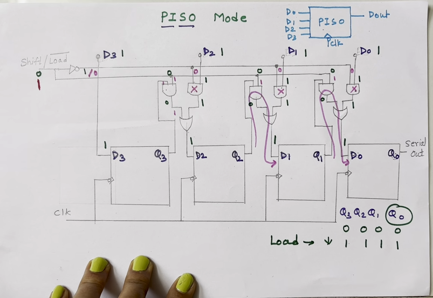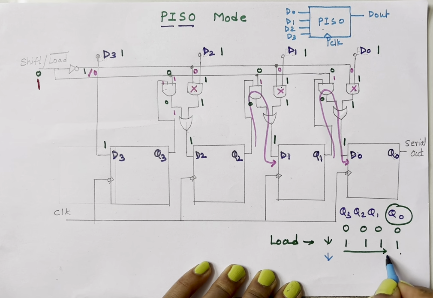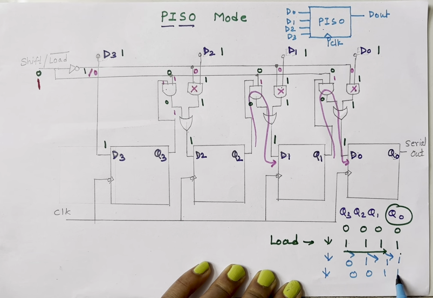Now what I am getting is 1. I need these 3 ones to come here, so that after 1 clock cycle, this 1 will come here, this 1 will come here, and this 1 will come here, and here it becomes 0. After 1 more clock cycle, 0, 0, 1, 1. After 1 more clock cycle, 0, 0, 0, 1.